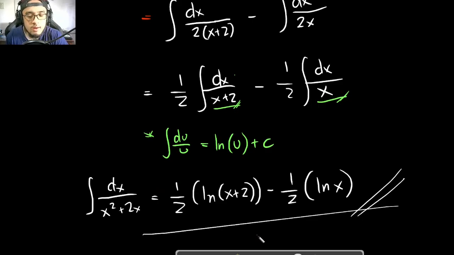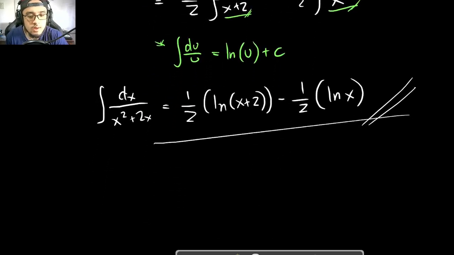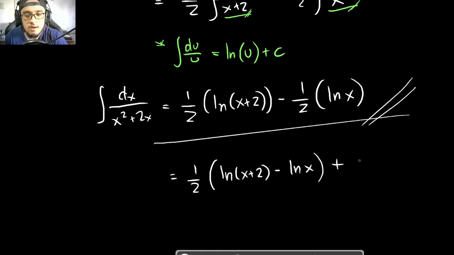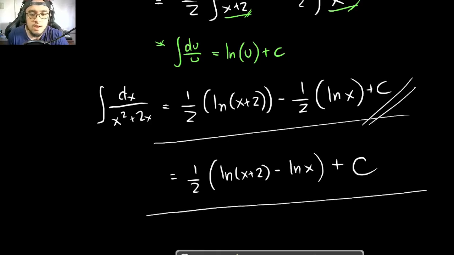So this is equal to 1/2 times the natural logarithm of x plus 2 minus the natural logarithm of x. But don't forget, guys, the arbitrary coefficient c, so plus c. Once again, this is your final answer for this particular problem.